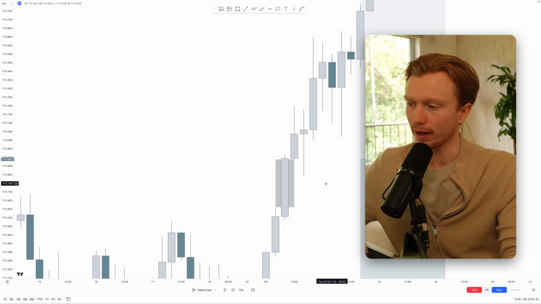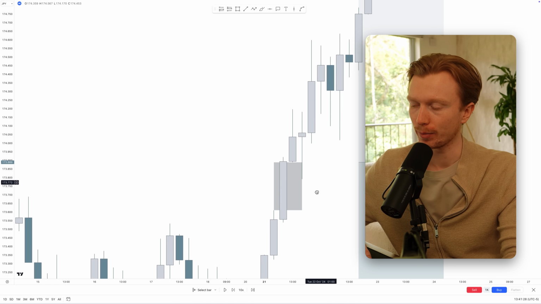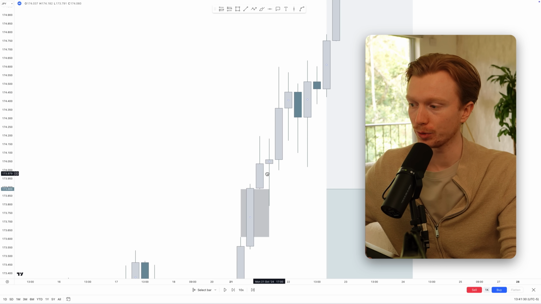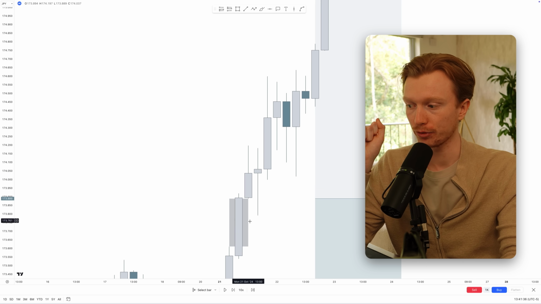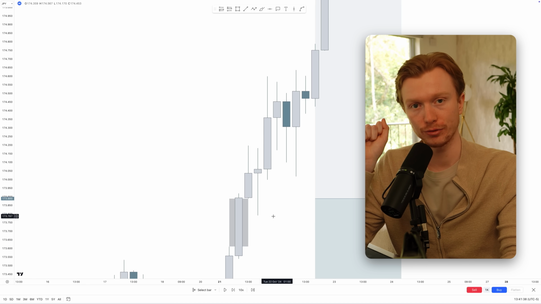When price stings into a previous fair value gap, the objective of price to now go ahead and do is to create a new fair value gap from that previous fair value gap. So right here, when we tap into this 4-hour fair value gap right there, we sting into it, we have the respect candle. Now, price's objective is that we create a new 4-hour fair value gap from this previous 4-hour fair value gap.